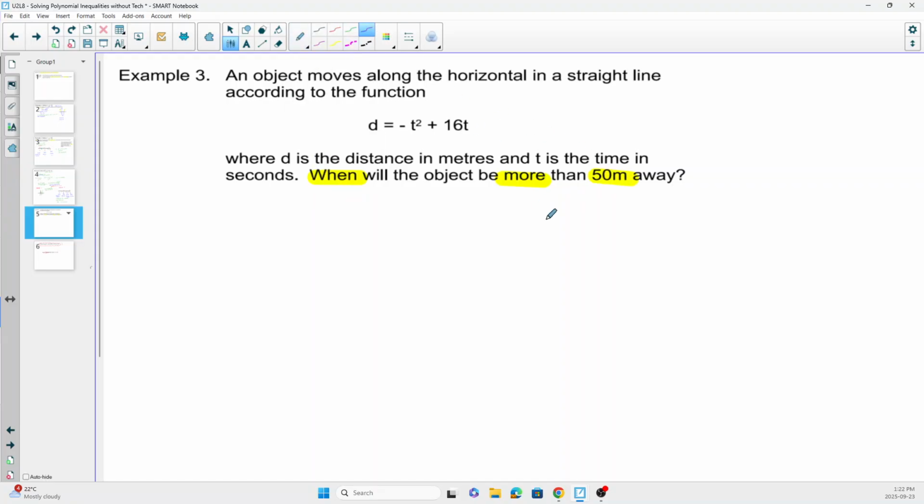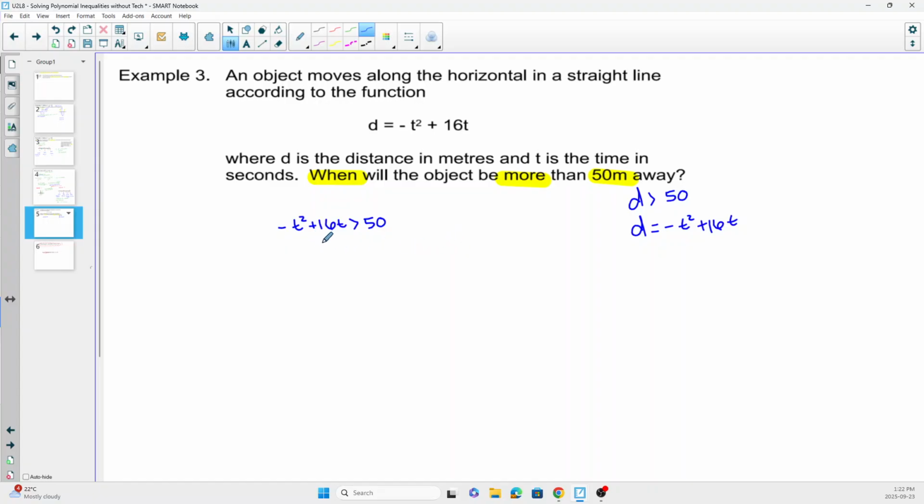Or in other words, when will distance be greater than 50? And distance is defined as negative t squared plus 16t. So we want to know when will negative t squared plus 16t be greater than 50.